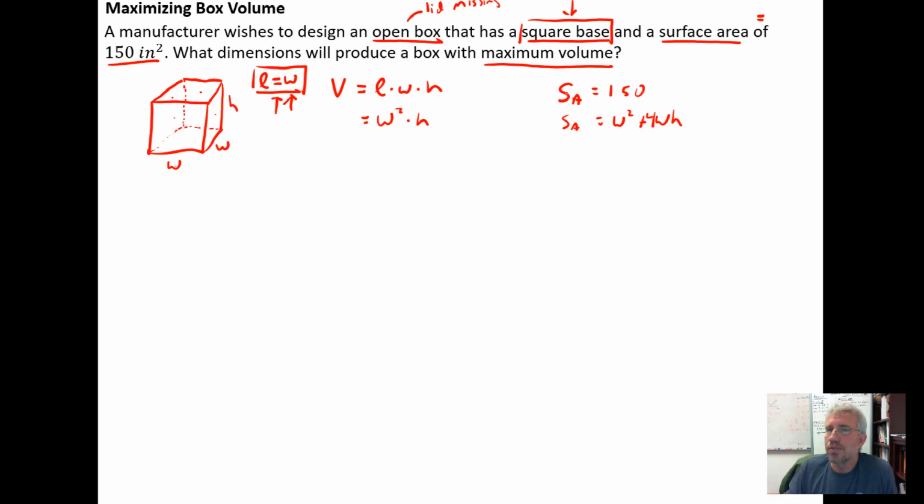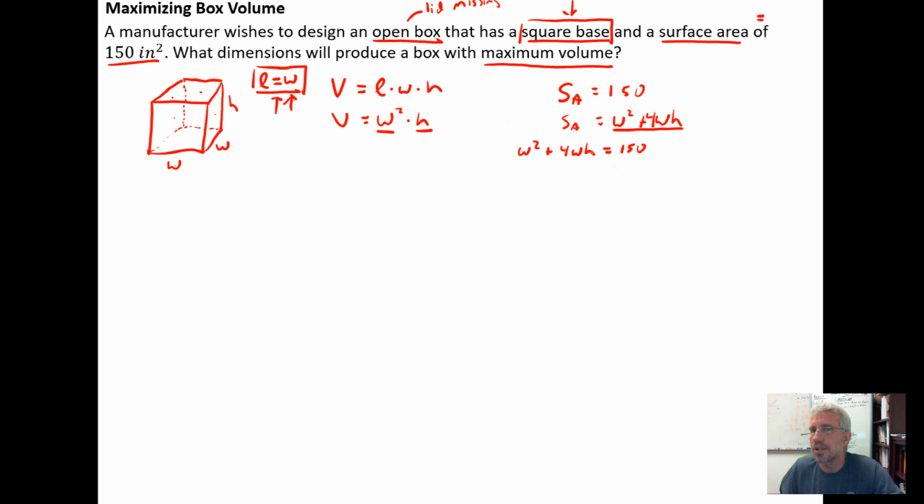So the fact that the surface area has to add up to 150 lets me get a formula: width squared plus 4 times width times height. The surface area formula has to add up to the 150 square inches. And then if I look at this equation that involves height and width, which are the last 2 variables I have in my volume function, I want to use this equation to rewrite my volume function as a function of 1 variable.